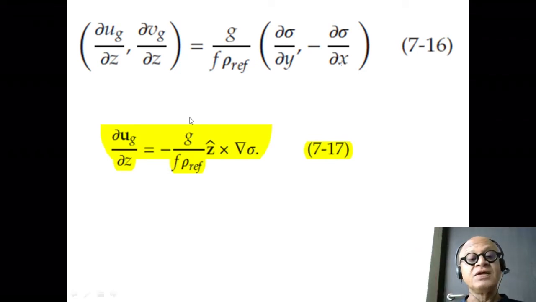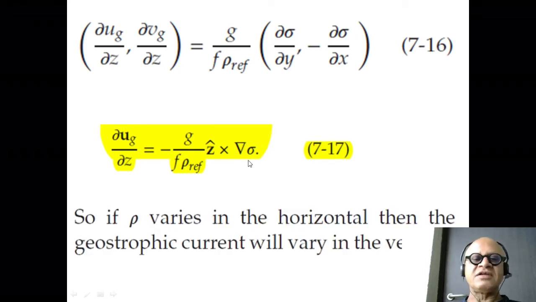It's very simple. So du_g/dz written in a vector form then is minus g over f rho ref. We have again left f outside. We are not varying f here in x and y. Z hat cross grad sigma, where grad sigma is the deviation of the density, gradient of density essentially, right? Because grad rho ref is going to be 0 because it's constant, right? That's the reference density.